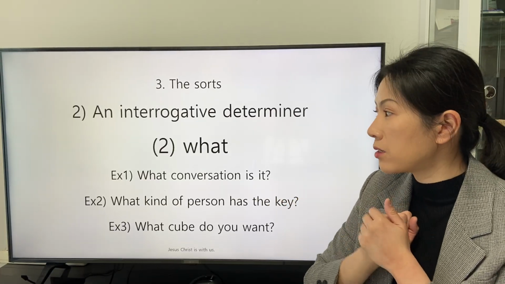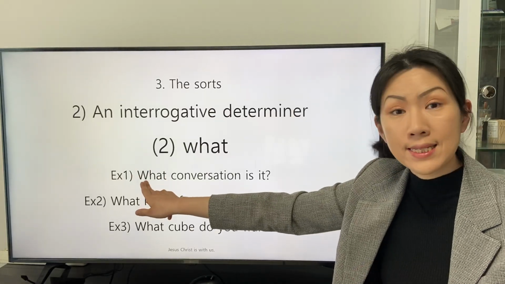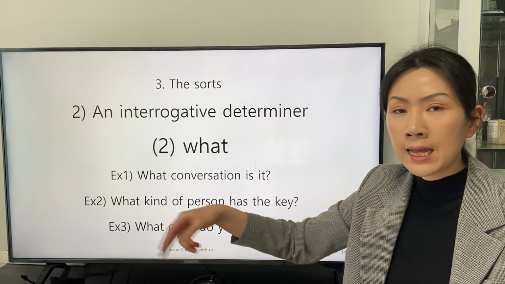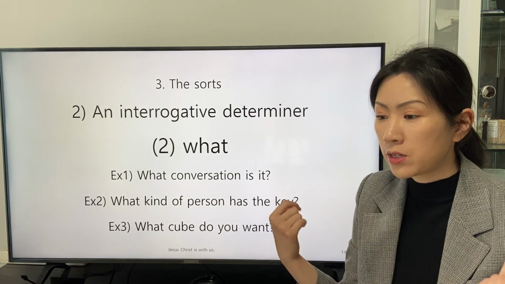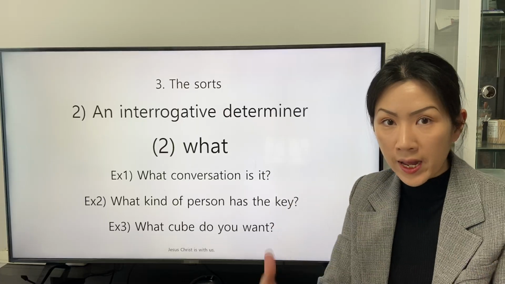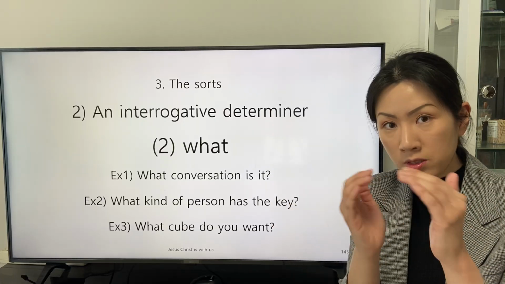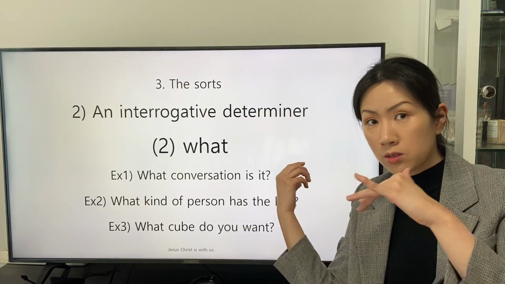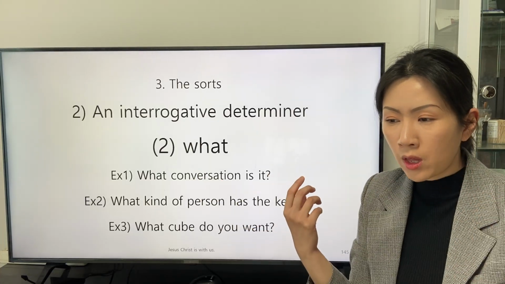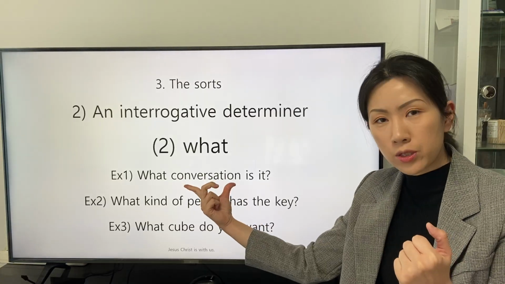So we can understand that the application of the interrogative determiner what is proper. And we can understand that the speaker intends to narrow down, specify the exact range of the subject in this clause with the description for the noun conversation.